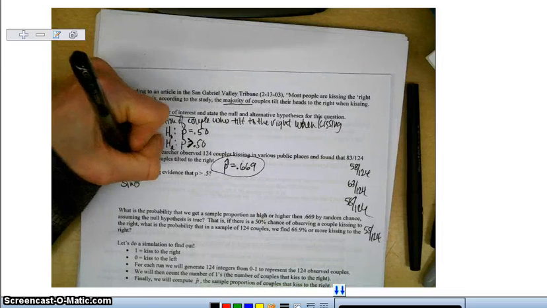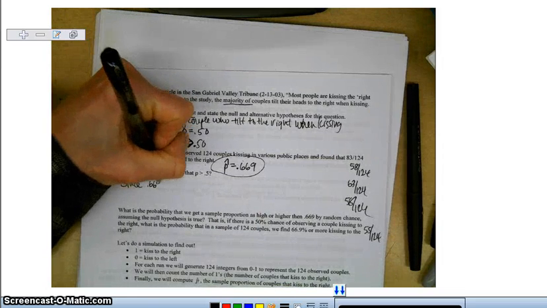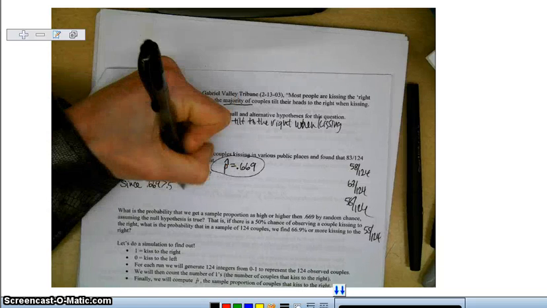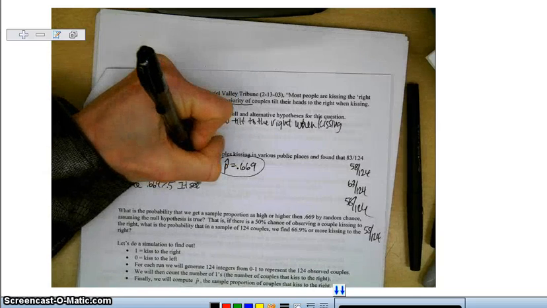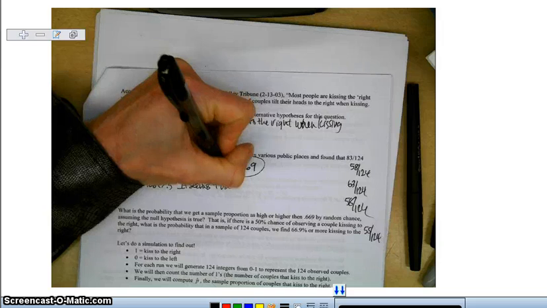So when you're starting a hypothesis test, you could say something like, since 0.669 is greater than 0.5, it seems that the research is true.